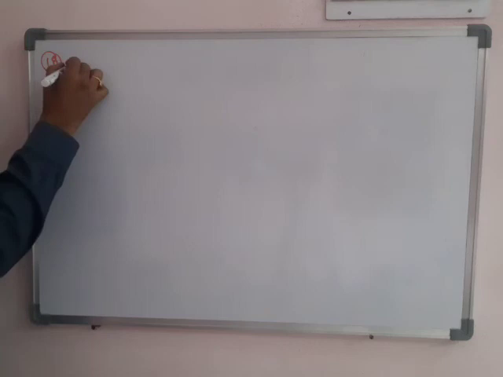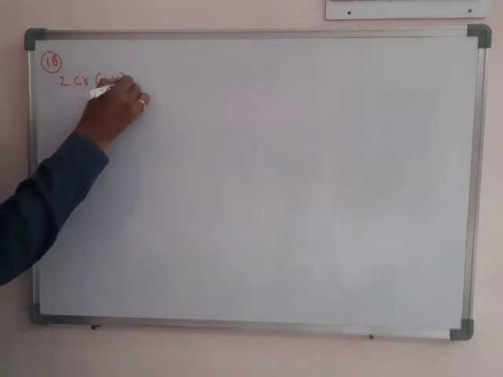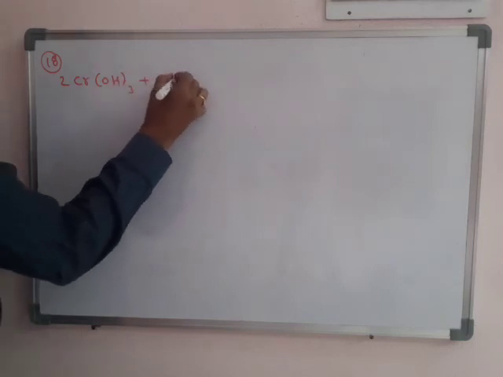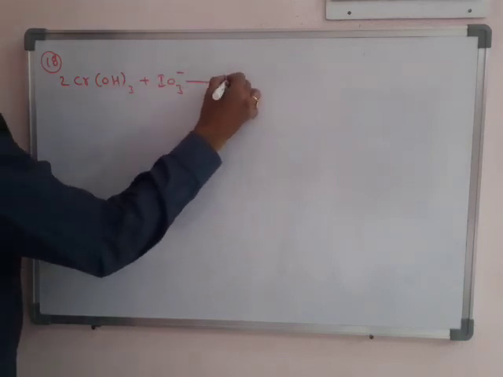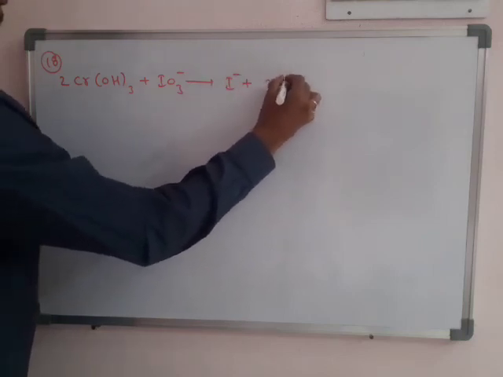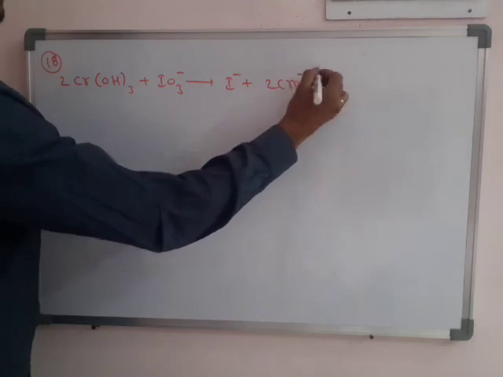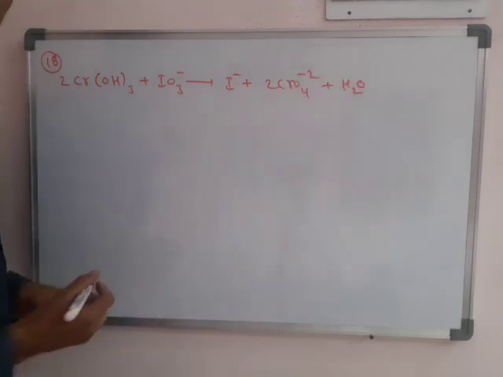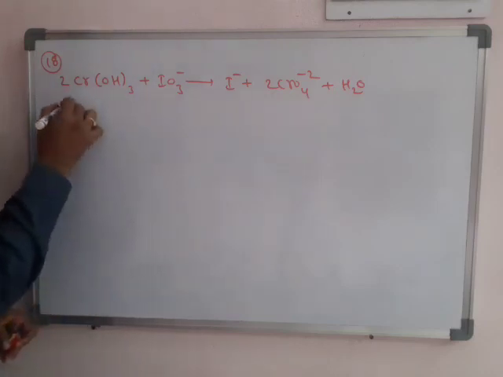Okay, see the next one. So the equation is given: 2Cr(OH)3.